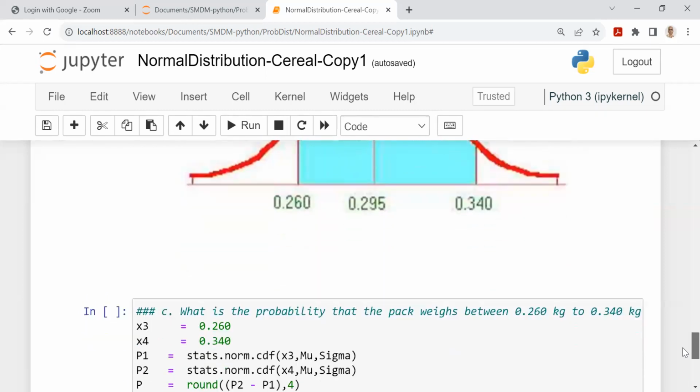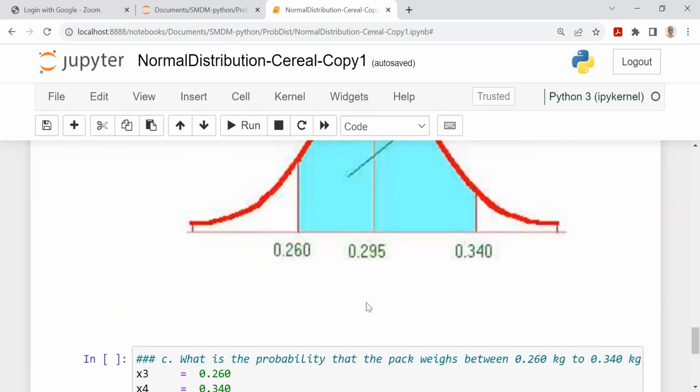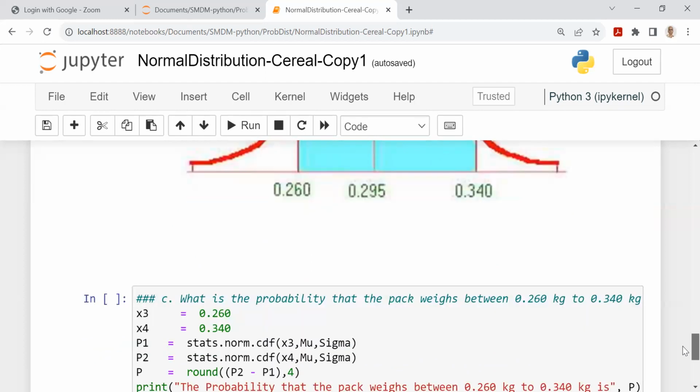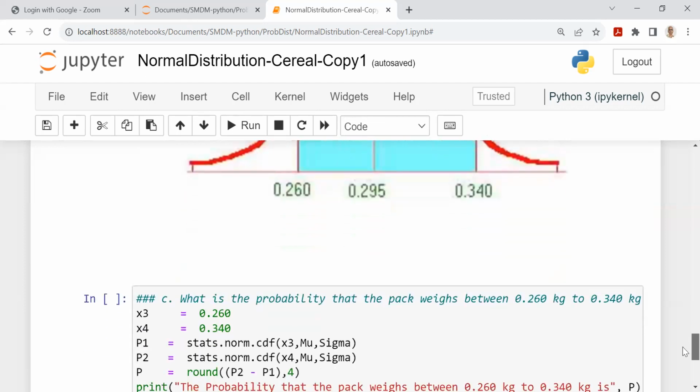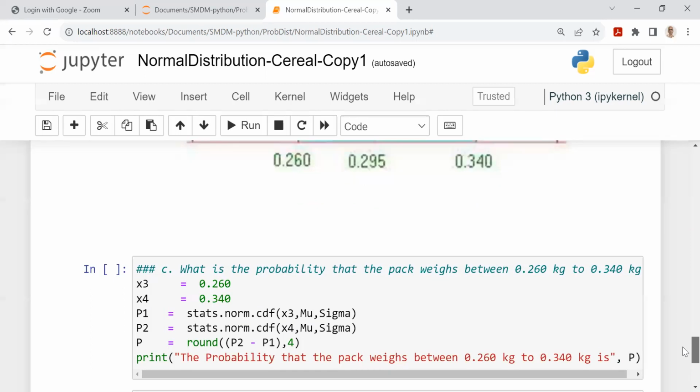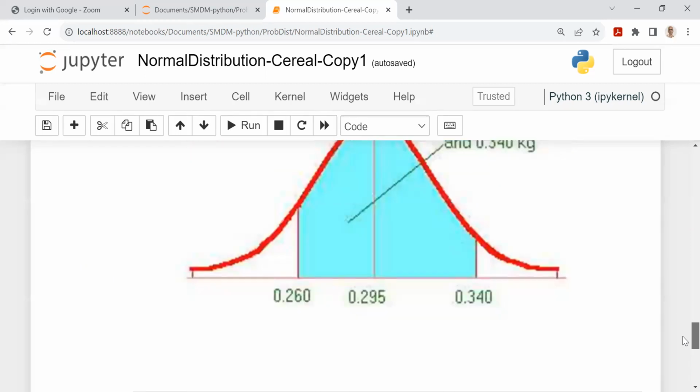So let us define x3 is equal to 0.26 and x4 is equal to 0.34. To get the probabilities at 0.26 and 0.34, I define them as P1 and P2, and then I'm saying you want this range.